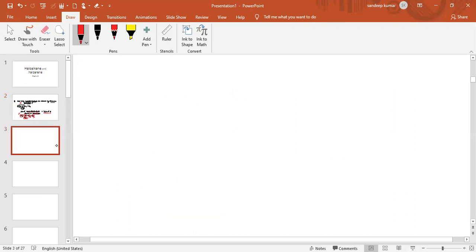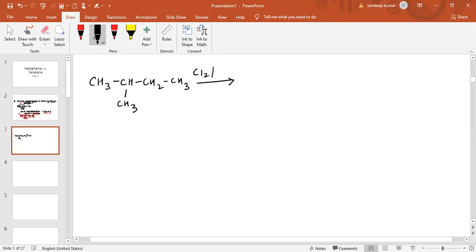Now see, what are the products obtained? So when we do chlorination of this compound CH3, CH, CH3 and CH2 and CH3, chlorination is basically in the presence of Cl2 and light.